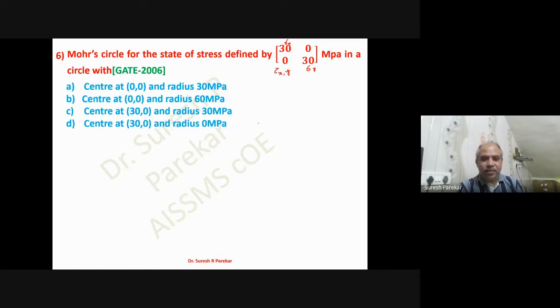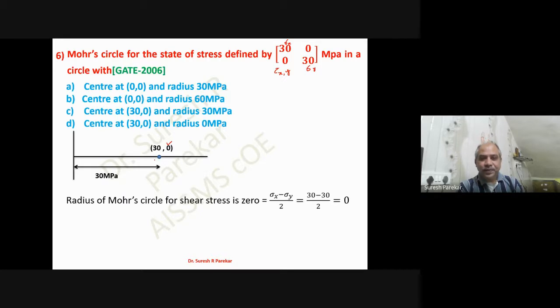Now it is very simple. Sigma x is 30 and sigma y is 30, so both will be at this point only. So my radius of the circle becomes 0 because both points are here only, at a distance 30 from the origin, and therefore we have 30, 0.